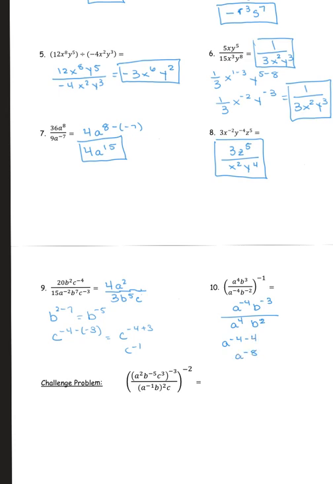And then I have b to the negative 3 and b to the 2. So I have b to the negative 3 minus 2, which becomes b to the negative 5th. So therefore, I get 1 over a to the 8th b to the 5th.